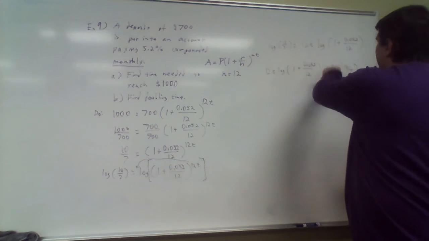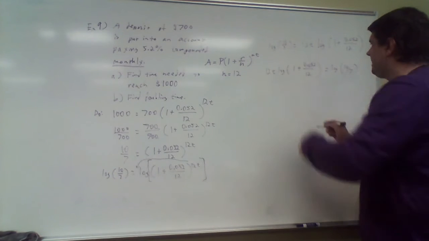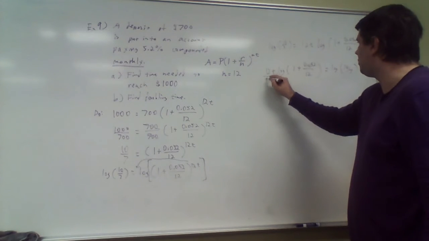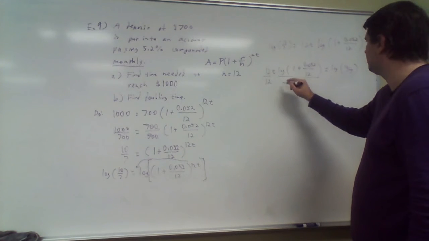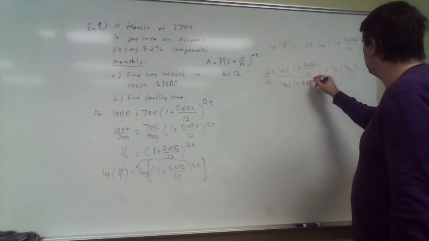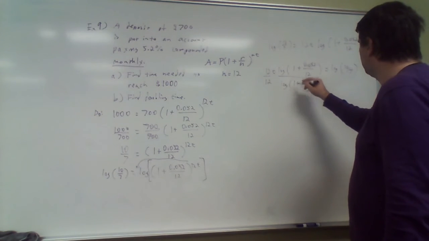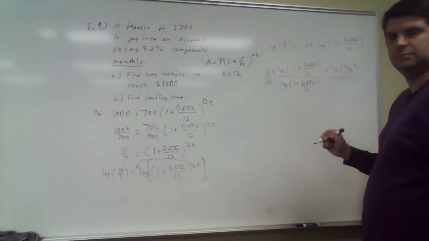So I've just put this here, I put that here. You're going to want to isolate the t by dividing by 12 and this. And you're going to do that to both sides.